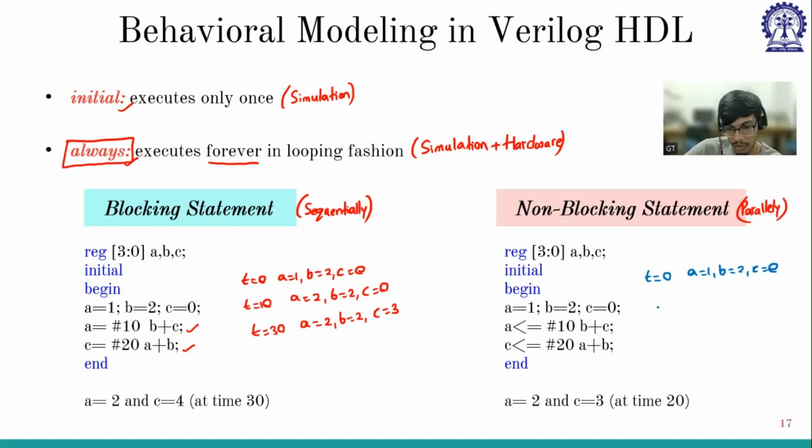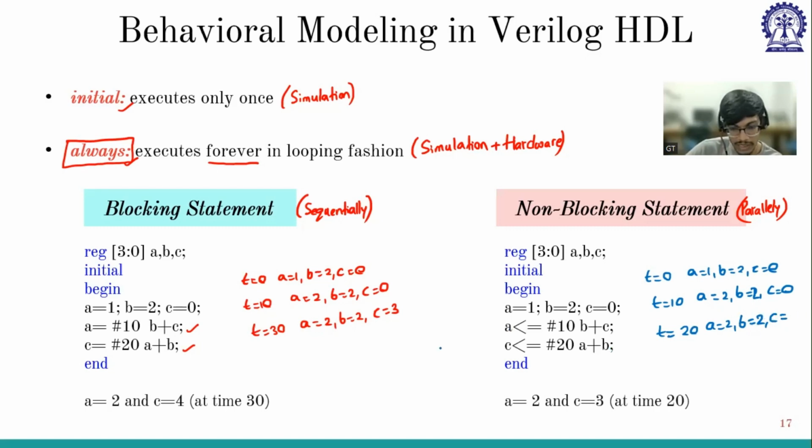At t equal to 10, I have a equal to b plus c, which is 2, b is the same, 2, c is 0. And at t equal to 20, I have c equal to a plus b. So a is the same, b is 2, and c is a plus b. So c should be 4.